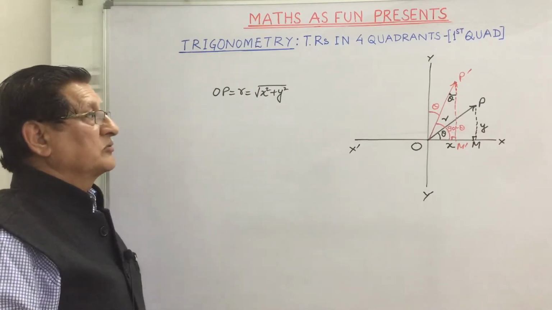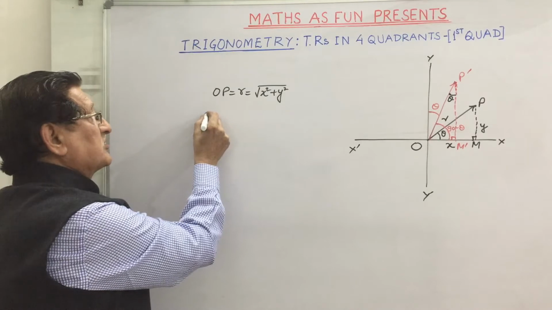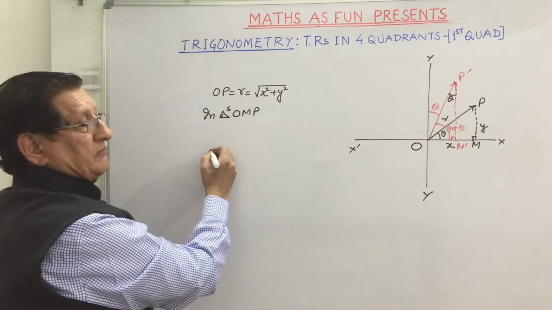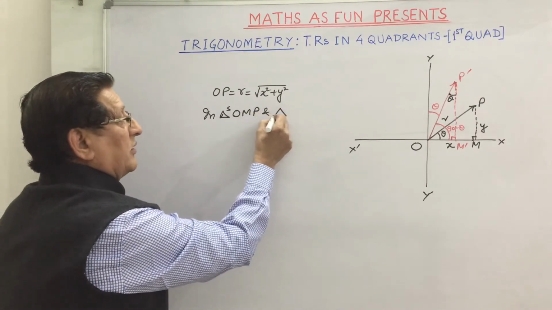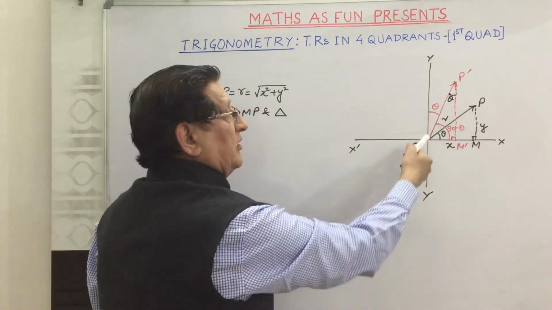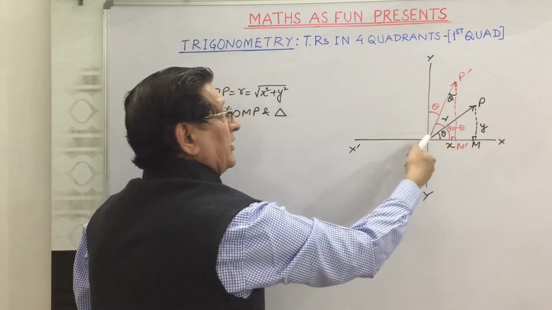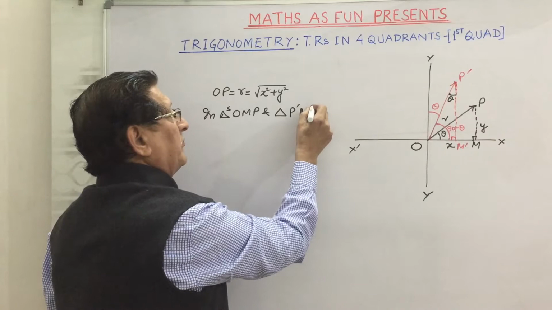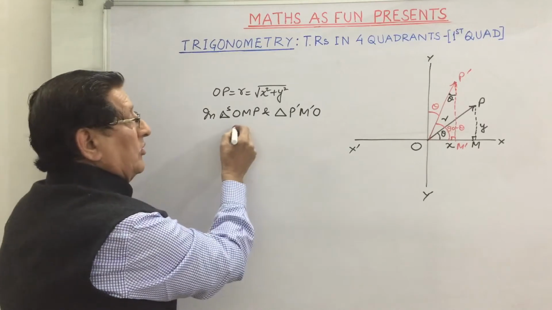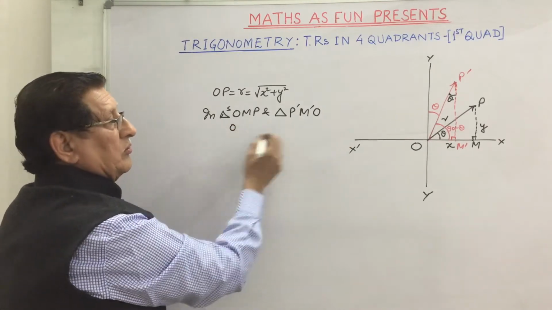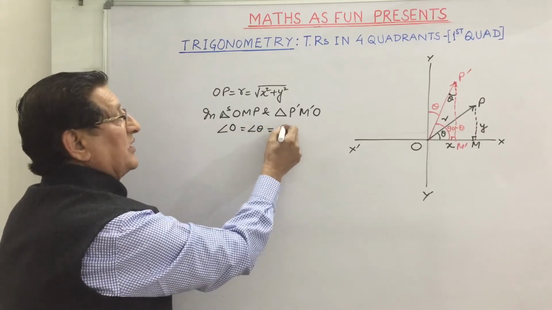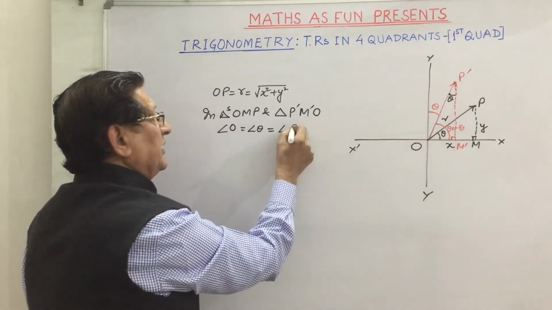And once these two triangles are congruent, we can certainly say in that case, in triangle OMP and triangle P dash M dash O, we find that angle O, or you can say angle theta, is same as angle at this P dash.